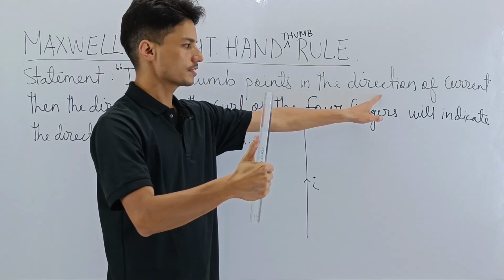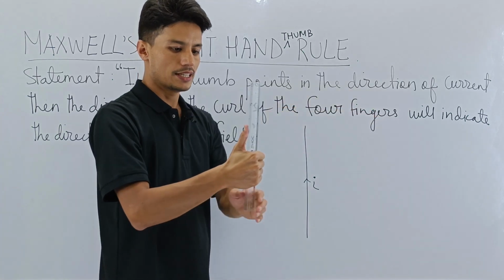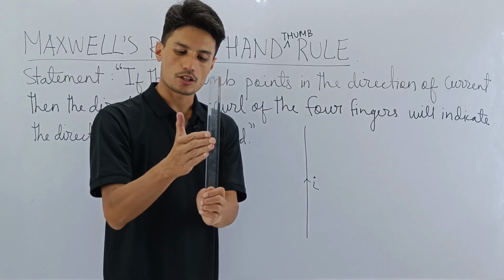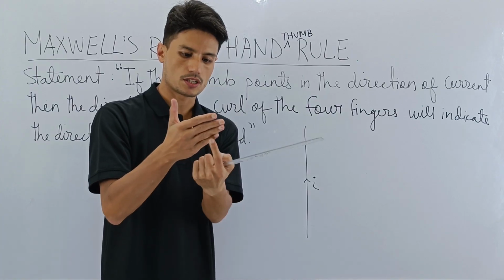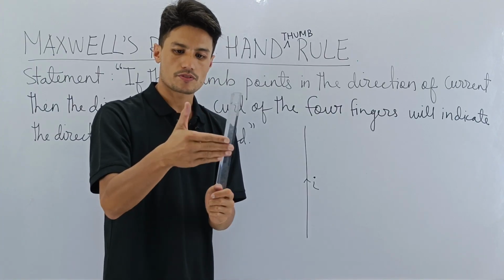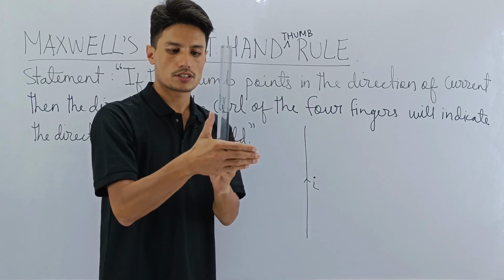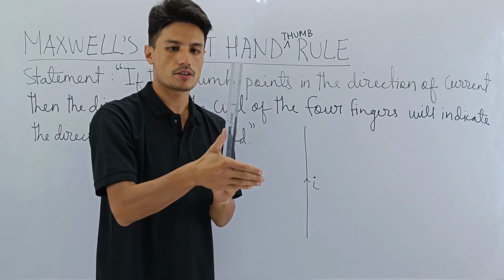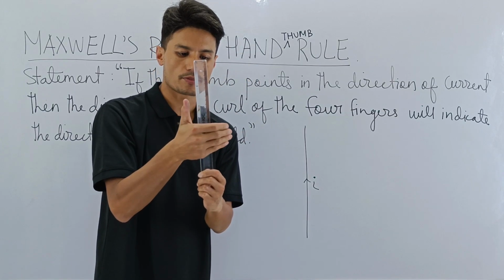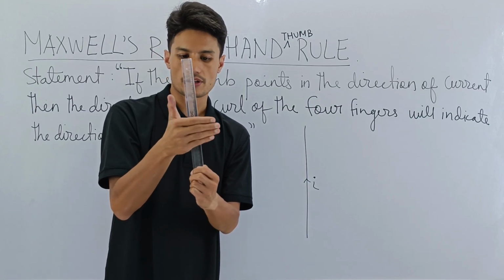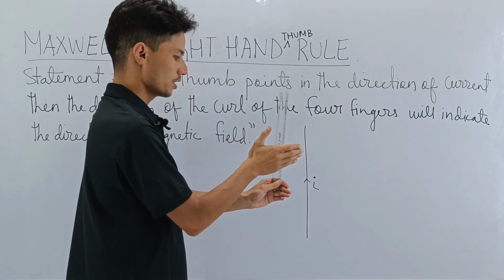Then the rule says, now check out the direction of curl of my four fingers. 1, 2, 3, 4. The thumb is pointing in the direction of current, towards the ceiling, so it's correct. Now look at the curl of my four fingers. They are going inwards.